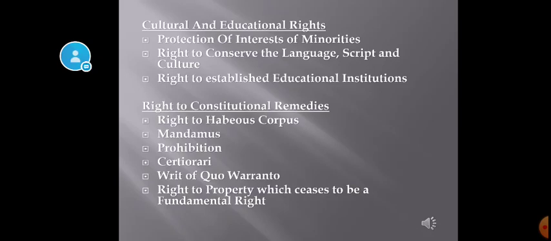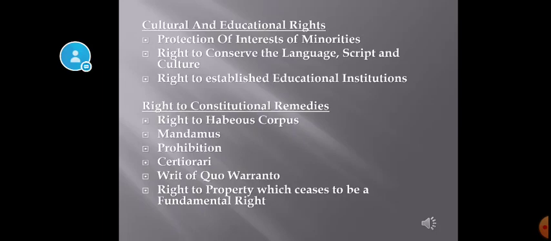And the fifth, quo warranto, applies when a person holds an office without authority, then the court may declare the office to be vacant. So these are the 5 constitutional remedies given by the Supreme Court and the High Court to us.